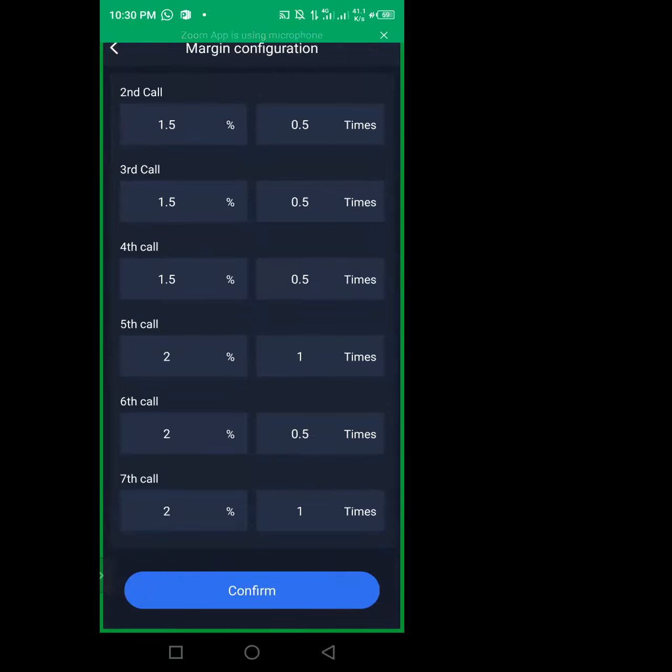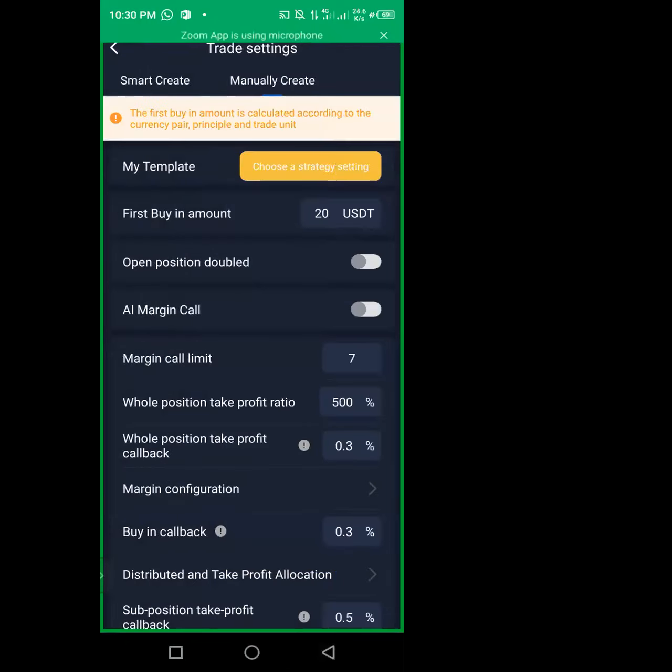The remaining from 11 to the 30, if it's 30 you are using, calculate, add up the times, maybe 0.5 plus 1 plus, so calculate the times, add them. Then if you get the total amount, multiply it by your first buy amount.